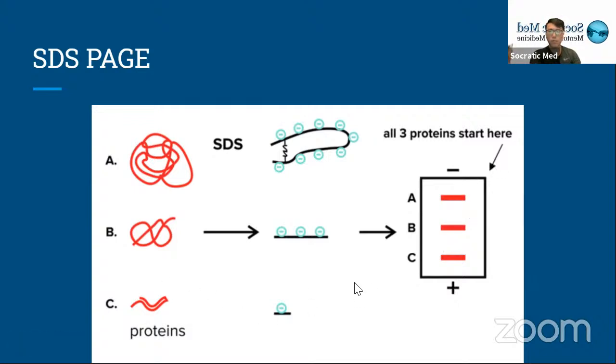Because C is the smallest protein, it will travel farther in the gel than A or B, because A and B are a lot bigger than C. So this separates the molecules based on their size alone, and the smaller molecules will travel farther in the gel than the larger molecules.